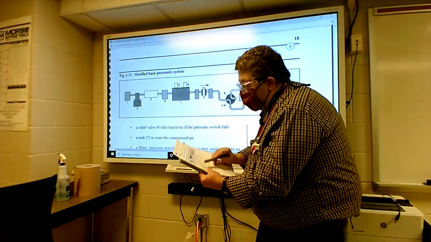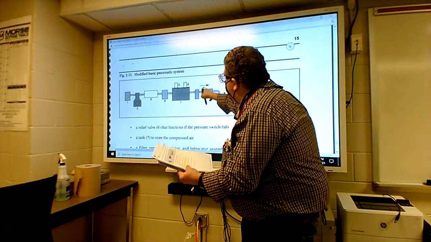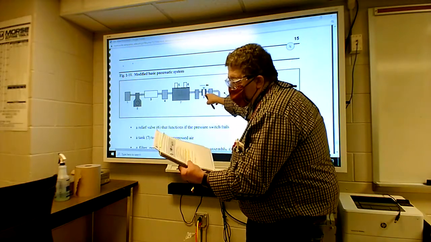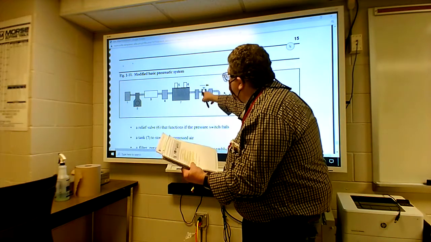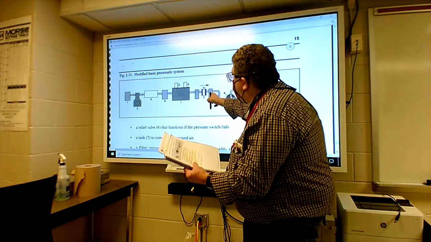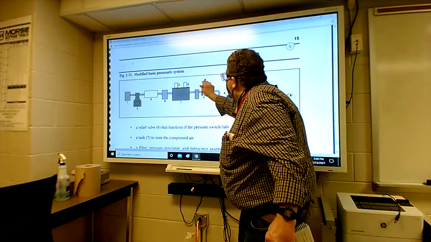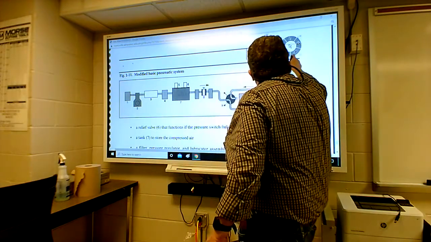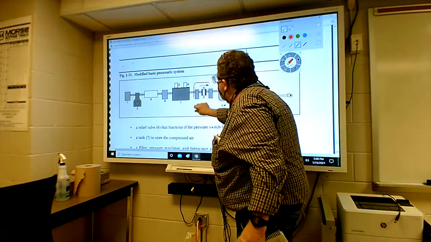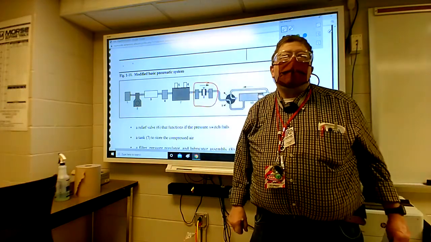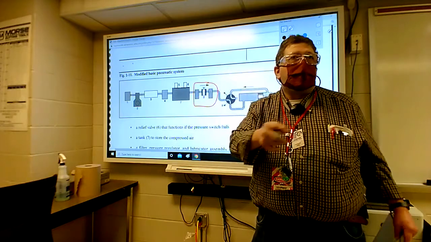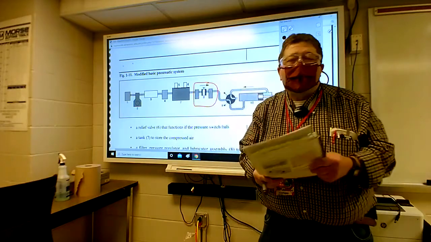Let's see. So here you got a 3-stage area that does what? It's a filter. Right. Those three are usually in a package deal that bolts onto the machine. It's called the FRL unit, with a filter, regulator, lubricant combo pack, triple pack.